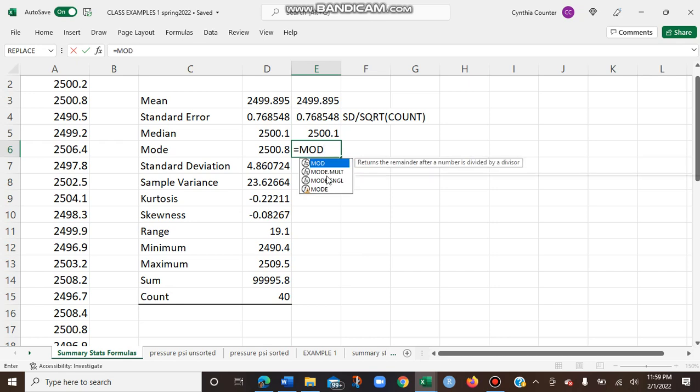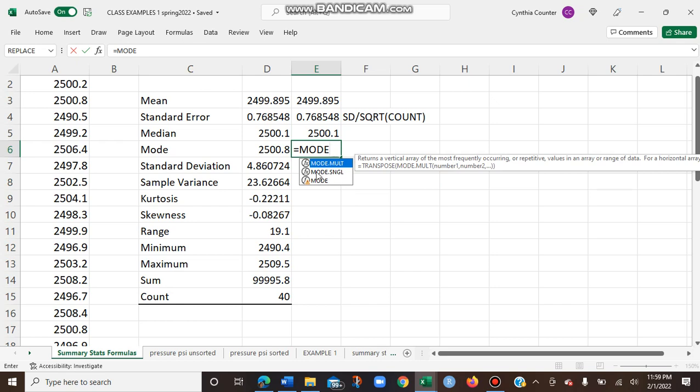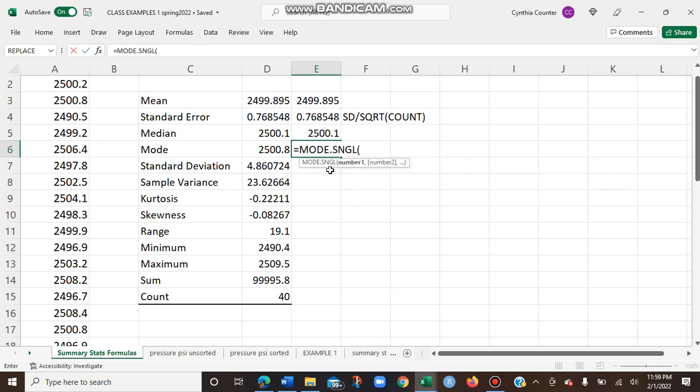There's MODE.MULT and MODE.SNGL. MODE.SNGL will give you the only mode if there is only one, and it will give you the first or smallest mode if there is more than one. So MODE.SNGL, A2 to A41, will give us the 2500.8.